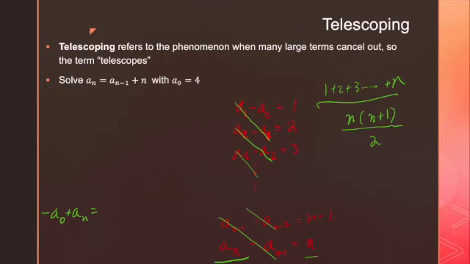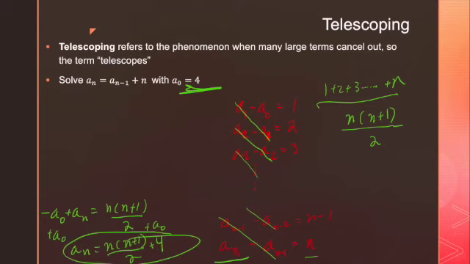So now we have our left side and we have our right side. I want to solve this for a sub n. If I add a sub 0 to both sides, I have a sub n is n times n plus 1 divided by 2 plus a sub 0. And what's a sub naught? 4.